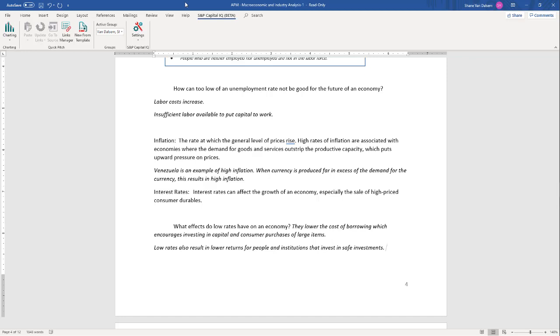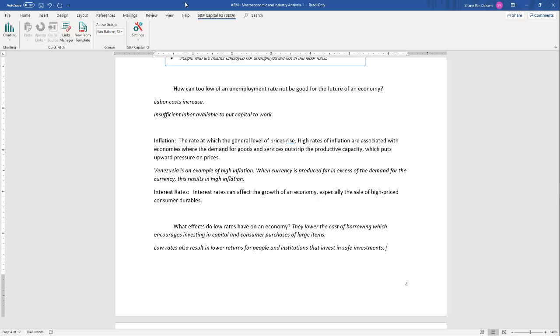But as a result of low interest rates, those investments don't generate much return, and they live on that return. That's what they count on for purchasing the things that they need. We've had very low interest rates for the last 10 years, and it doesn't appear to be changing in the near future.